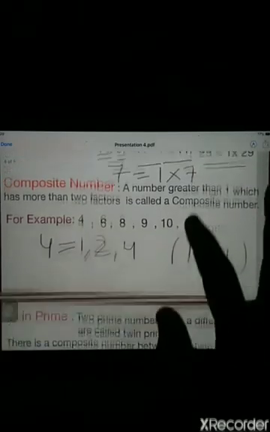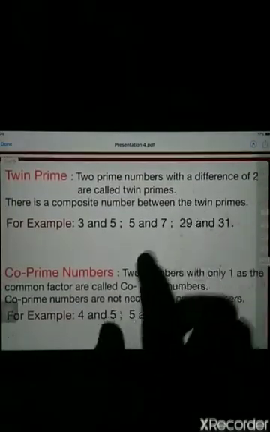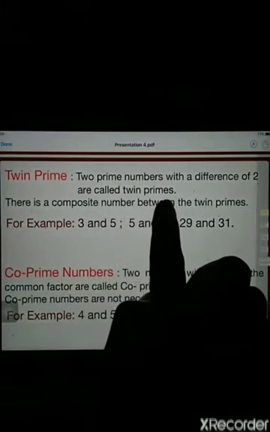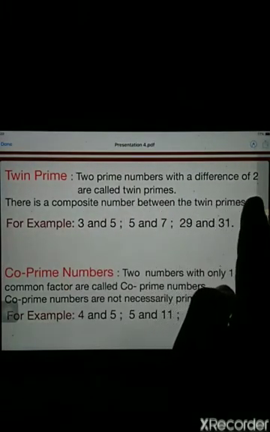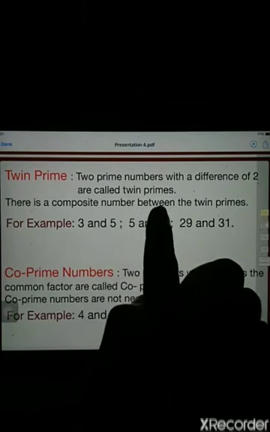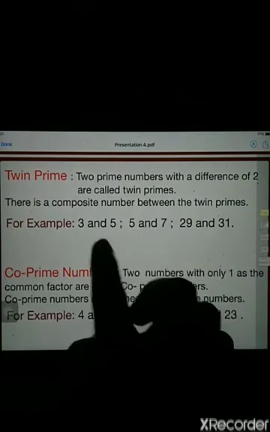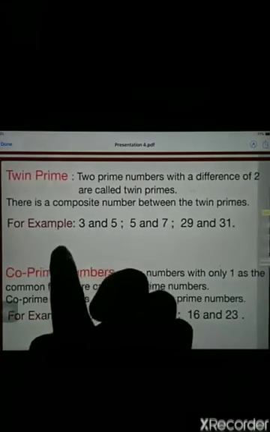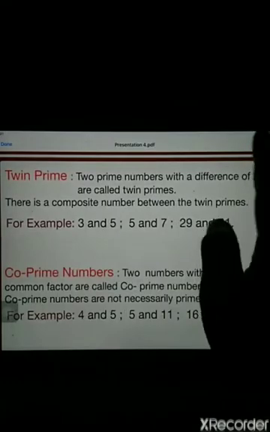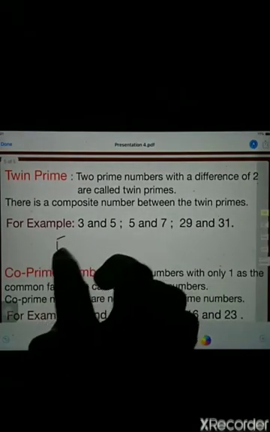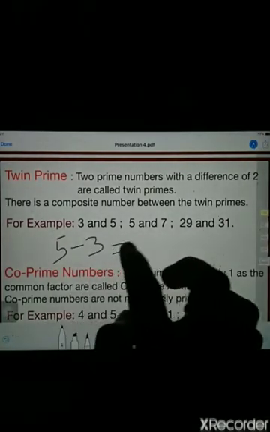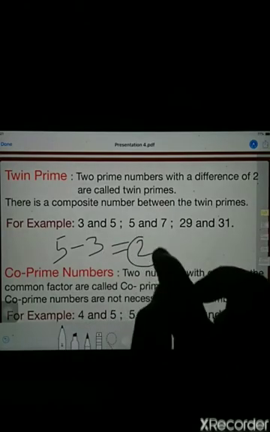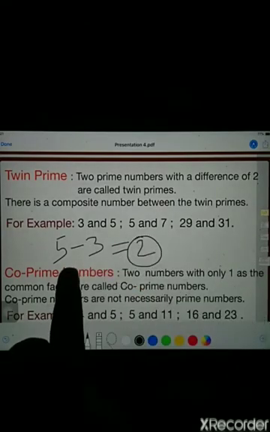Let's start with another type, twin primes. Two prime numbers with a difference of 2 are called twin primes. If you subtract two prime numbers like 5 and 3, you will get the difference 5 minus 3 is 2. So these numbers are called twin primes.